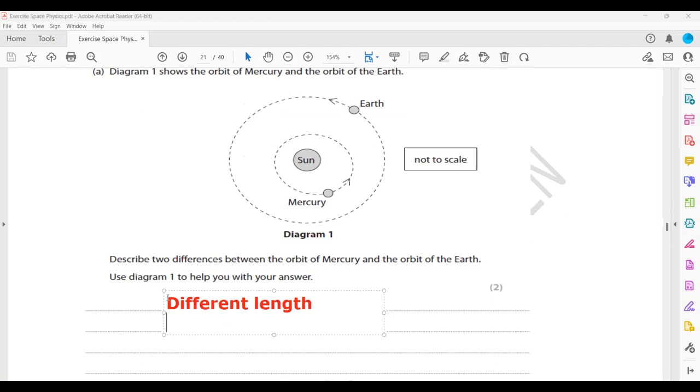You have to recall that to work out which one takes more time and which takes a shorter time. The orbital time periods you cannot identify from this diagram, nor the different speeds. So different lengths are there, and Mercury is more eccentric.